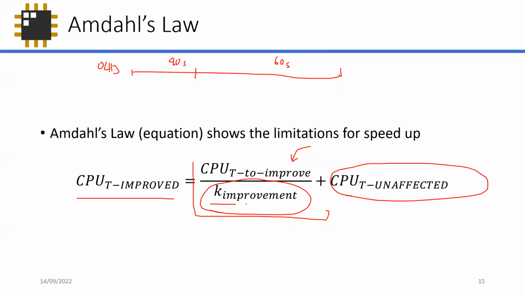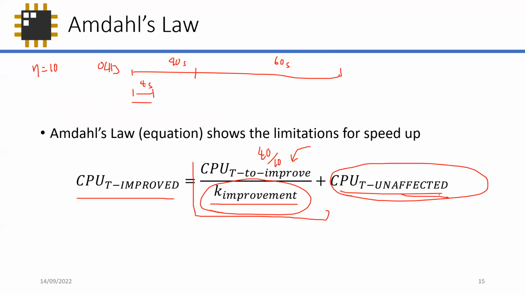And then you divide it by how much time are you gonna improve it, right? So earlier we said that the eta is 10. We want to improve this 40 seconds by 10 times. So you reduce it by 40 divided by 10, right? You get the 4 seconds time remaining. That's how much time is improved, right?